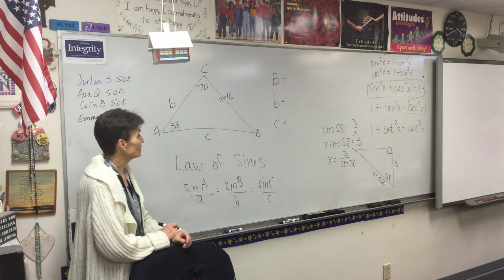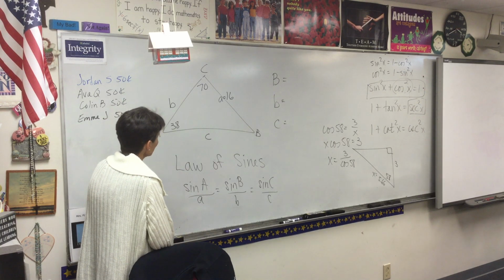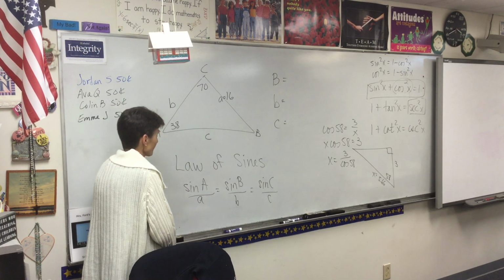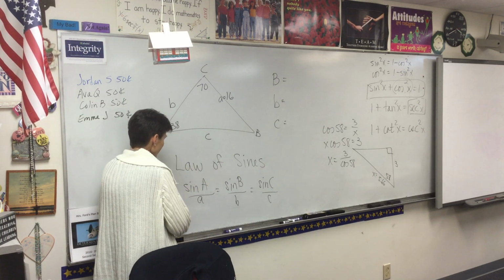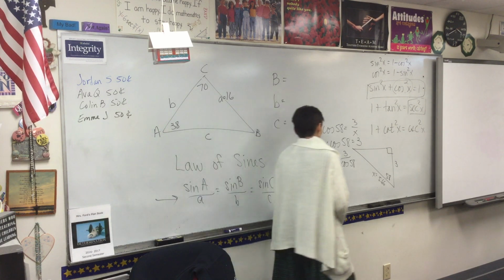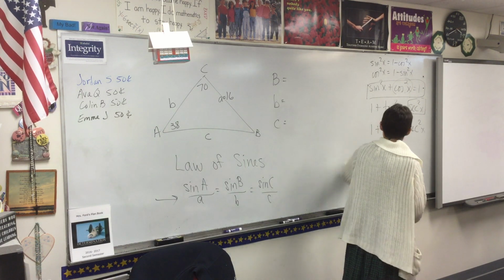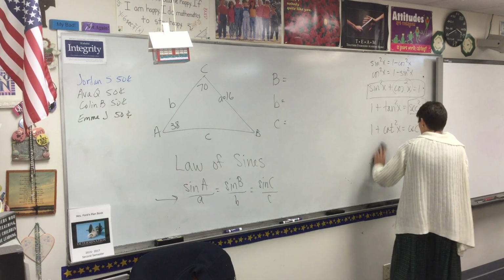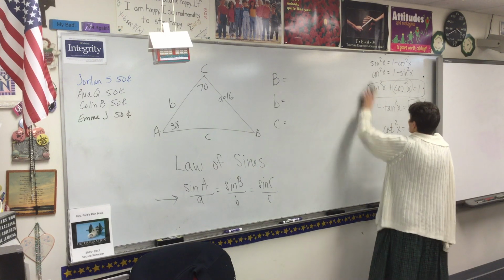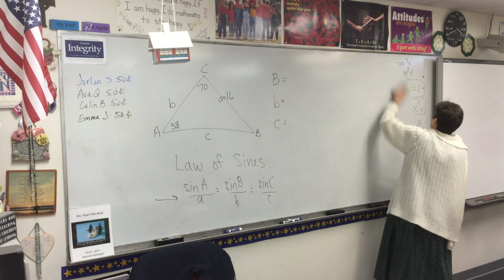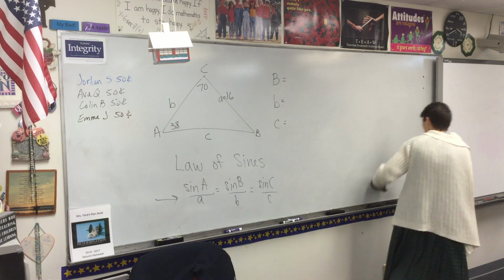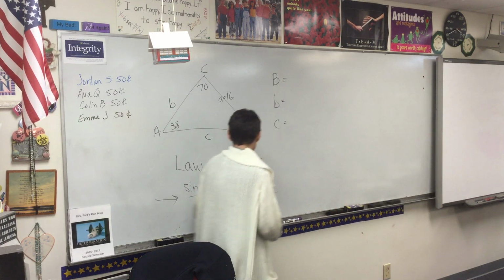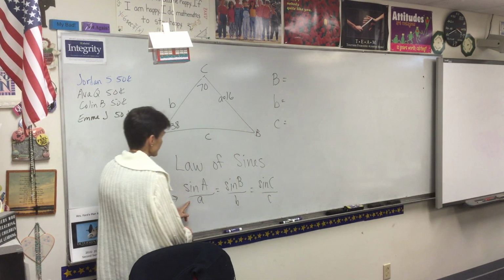So easy. Now, let's look up here at our triangle. If we're going with the law of sines, you have to have an angle and its side. In other words, you have to be able to set up one of these fractions.